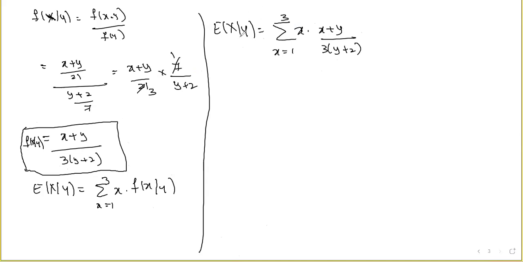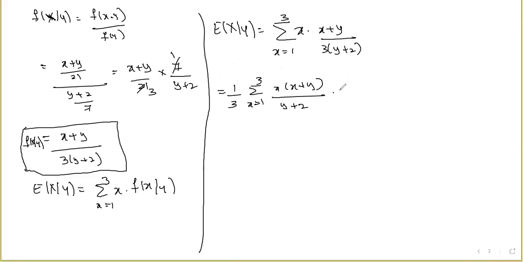Okay, right? So this is nothing but the expected value of x given y. Now, here 1 by 3 is a real constant, so I will take it outside. Next, the remaining things I will write the same: summation x equal to 1, 2, 3, x into x plus y divided by y plus 2, because this 1 by 3 is outside the summation.